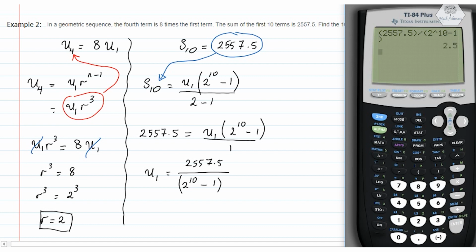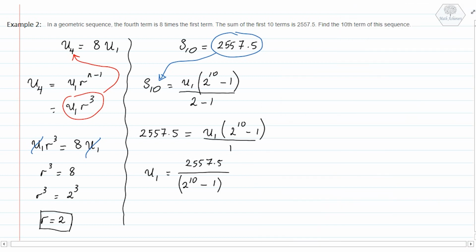So I have u1 is equal to 2.5. So now u1 is equal to 2.5. I found u1 by this.